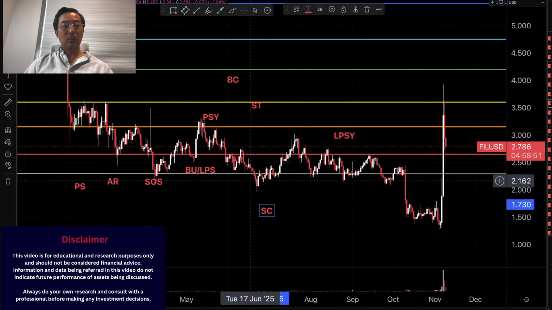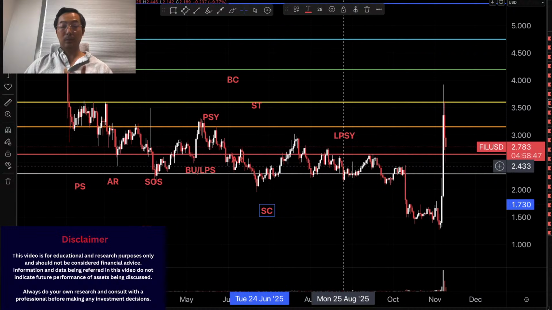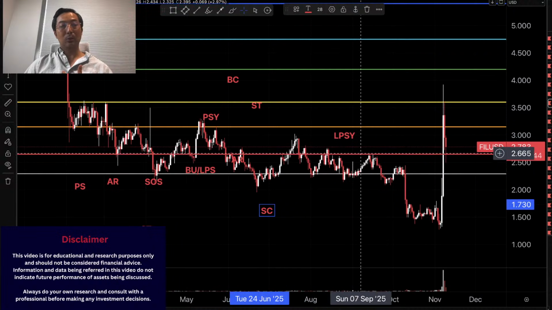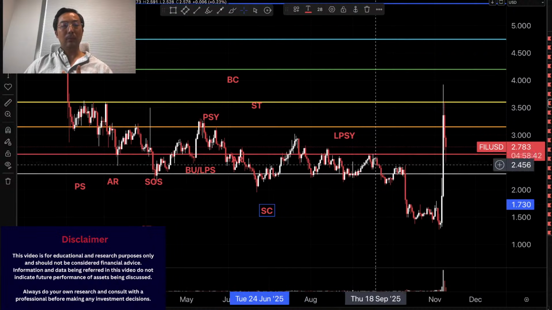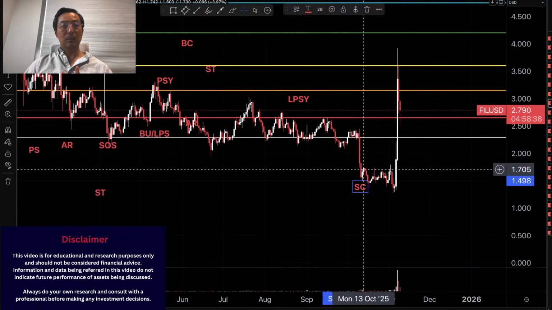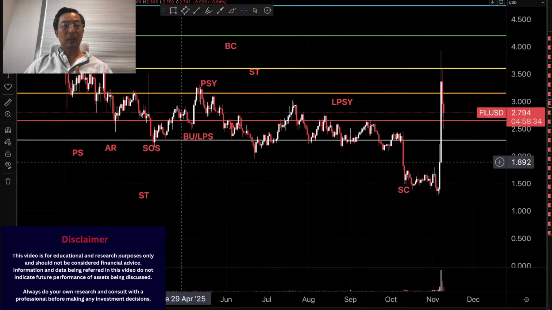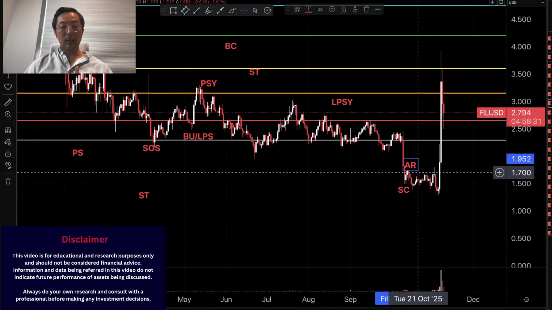When I look at this, it's two distributions to me, and then that's where it got to a new selling climax on October 11th, and eventually there was an automatic rally right there.